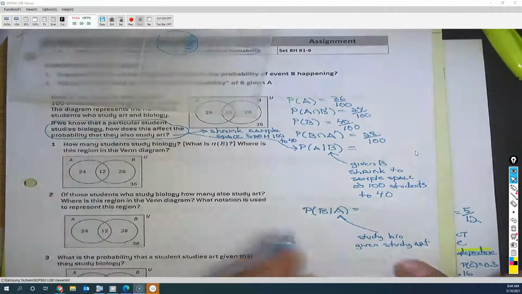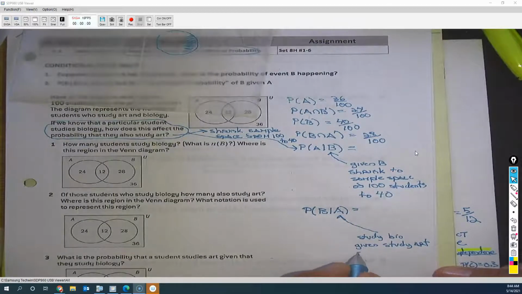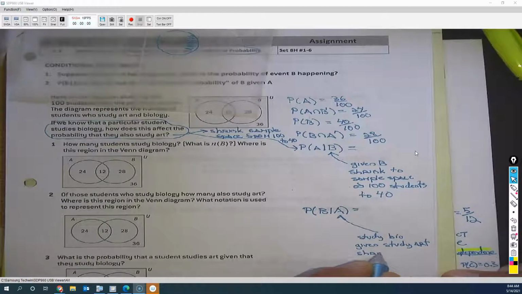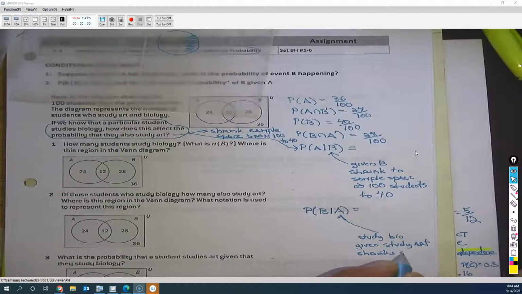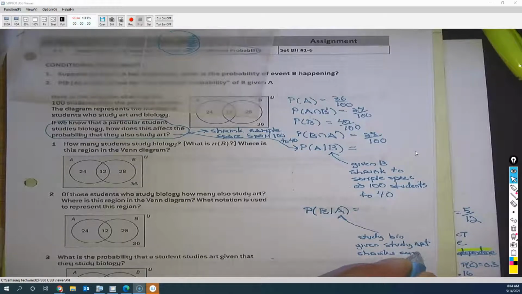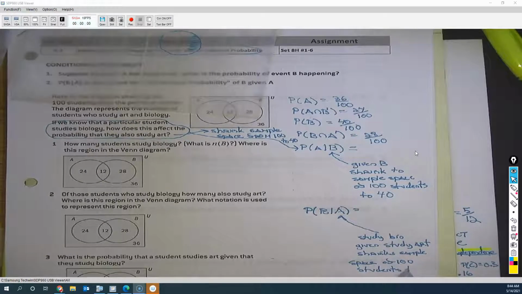So this shrinks the sample space from 100 students to 36 students.